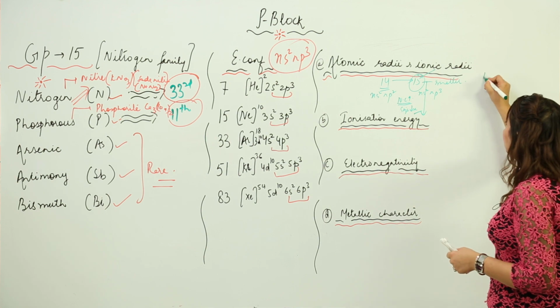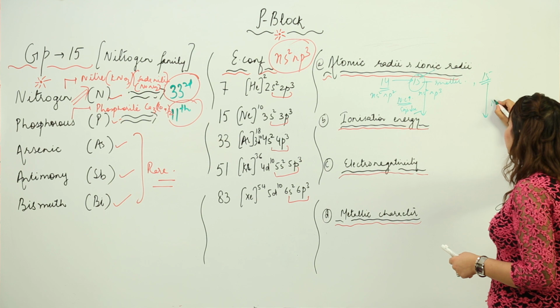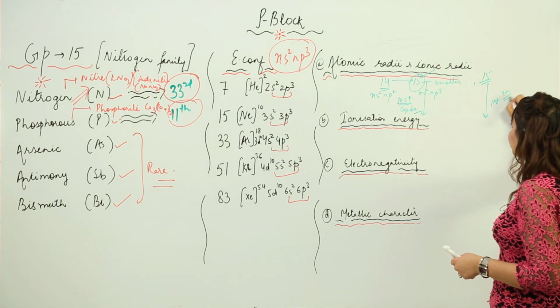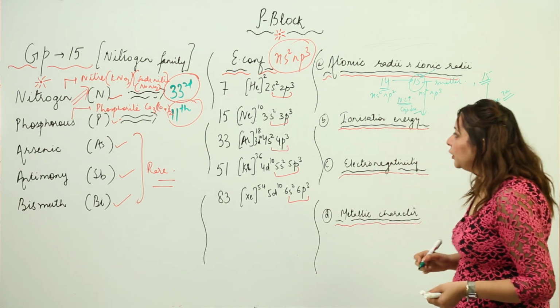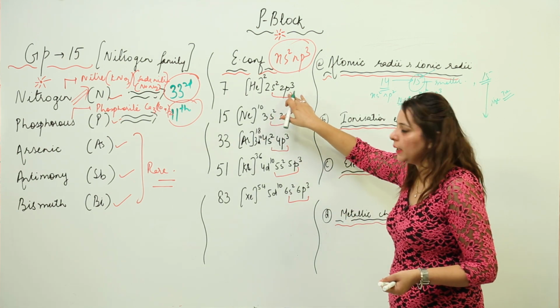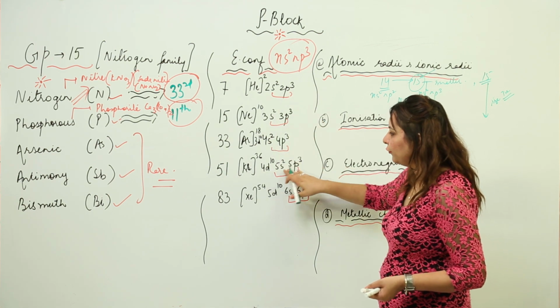But if we talk about the group members of 15, as we move down, size increases. In general, whenever we move down a group, size increases, because the last shell is 2 here, 3 here, then 4, 5 and 6.